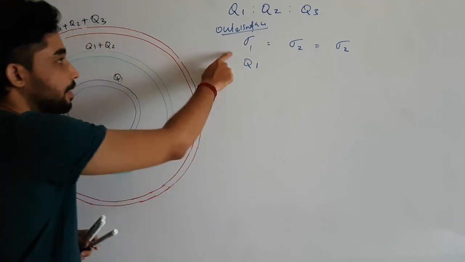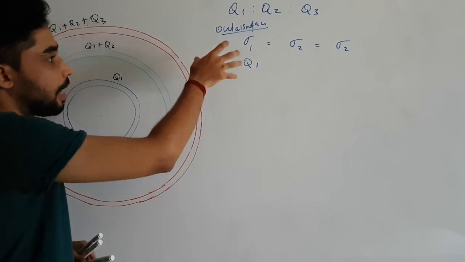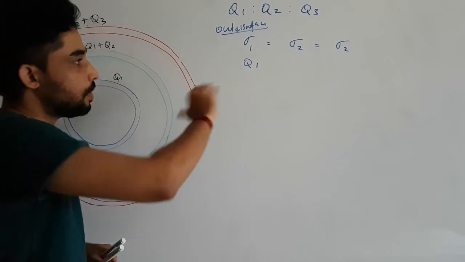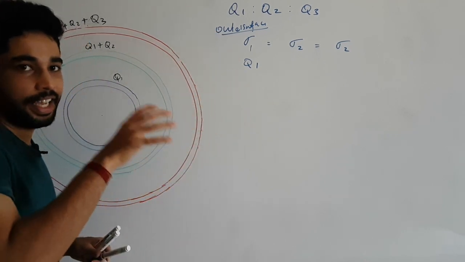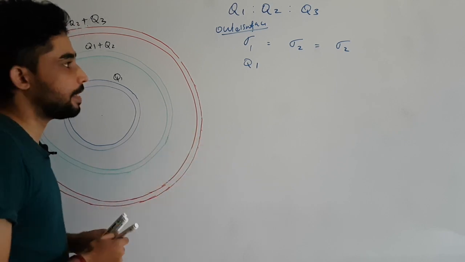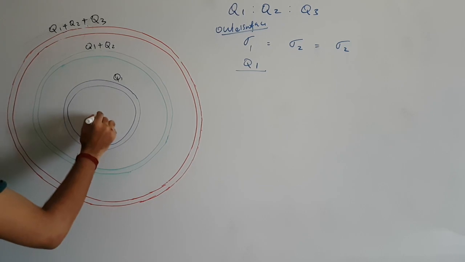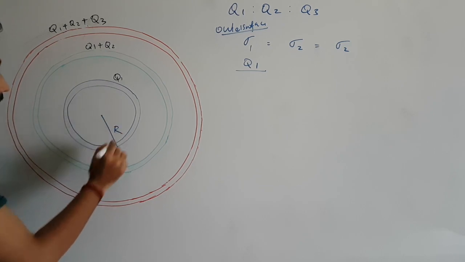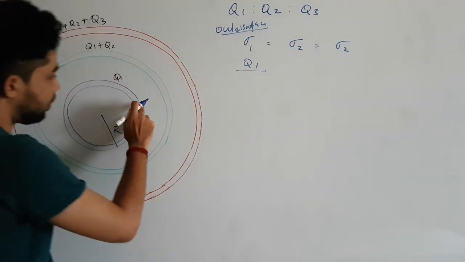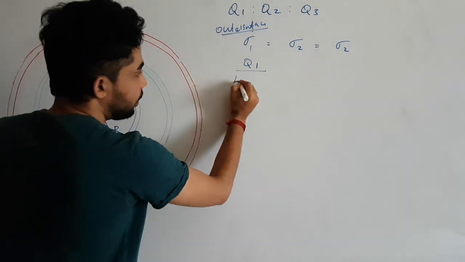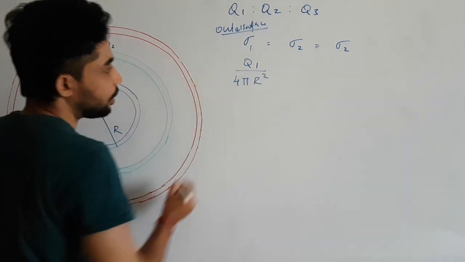As you know, the surface charge density is simply the charge divided by area, that is how much charge is present in a given area, how densely it is present. So this should be q1 by, as they have given, the radius of the first shell is r, and since this is a sphere, the surface area should be 4 pi r squared.